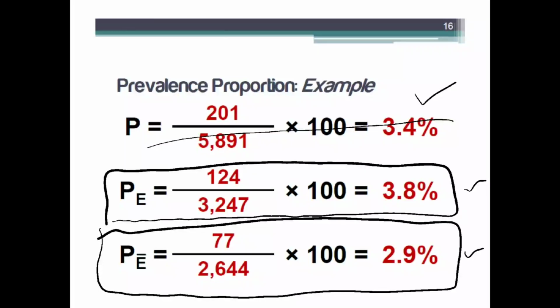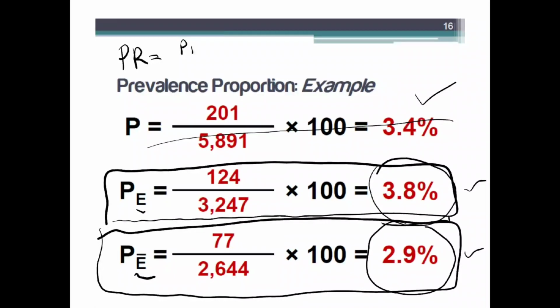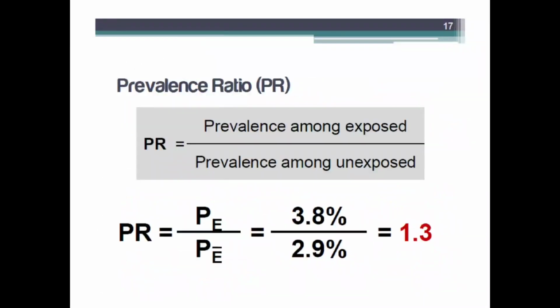After you already computed for the prevalence among the exposed and the prevalence among the unexposed, yung values na makukuha mo, just divide them. So, for your prevalence ratio, prevalence among exposed over prevalence among unexposed. So, 3.8 divided by 2.9 and the value is 1.3. Take note nyo yan.